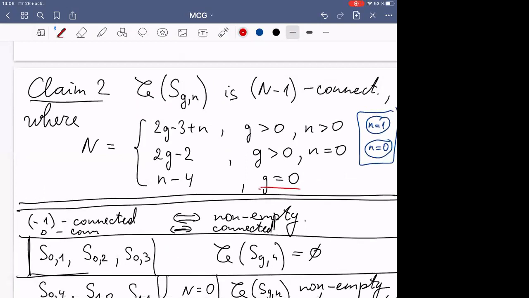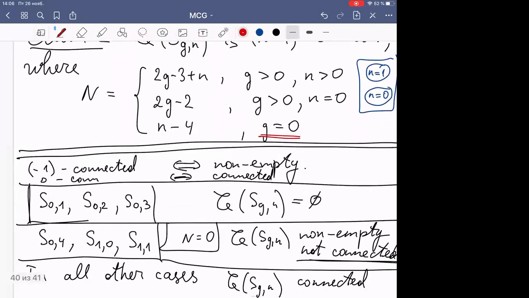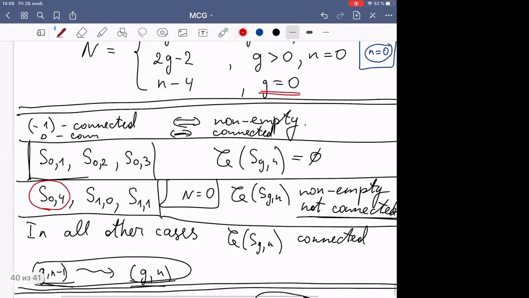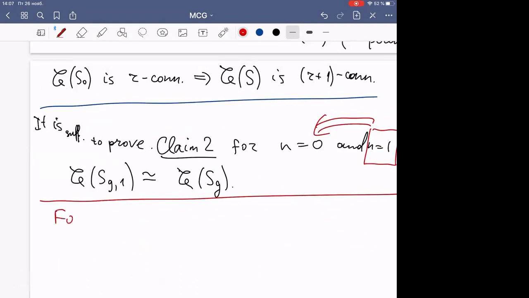The special case is genus equals 0. In this special case, we cannot use n equals 1 for the base, since it is complete nonsense. We have just an empty complex. In this case, we can use for the base the case of S04. So for g equals 0, the base is n equals 4.